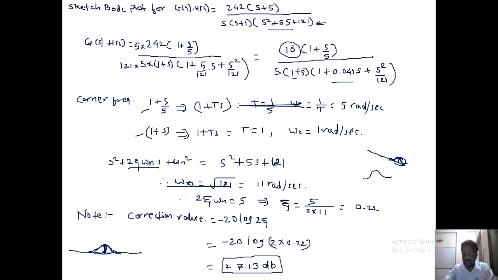How do we arrange this sequence? At the very first number, k should be written, then either simple pole or simple zero on second number. Then according to corner frequency we arrange the sequence. The simple pole has corner frequency 1, the simple zero has corner frequency 5 and the quadratic pole has corner frequency 11. So 1, 5, 11, third, fourth and fifth.